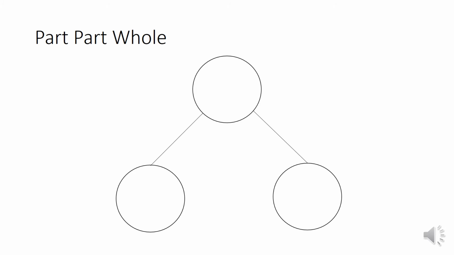Now this looks a bit strange because we've never seen anything like this before. This is called a part-part whole, and we can use this to also represent our numbers to 20. So if we look at this one, I've got the number 11 at the top. And we're going to start off by going back to drawing our chips and peas.